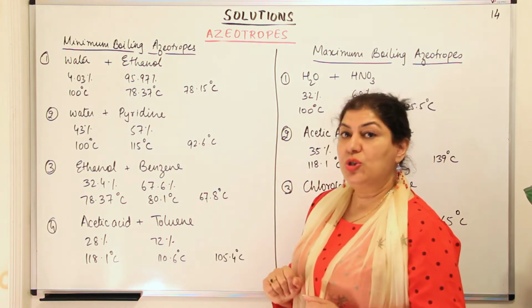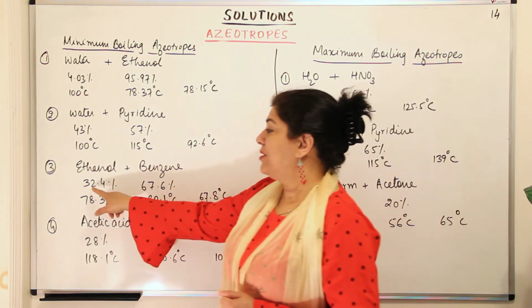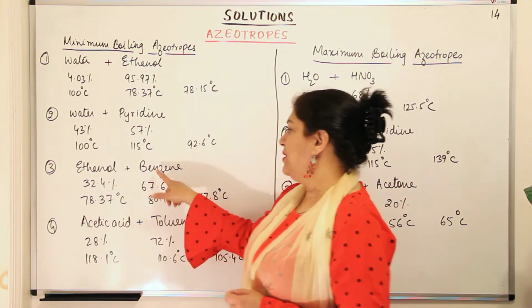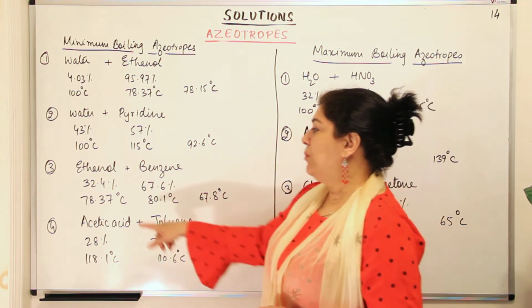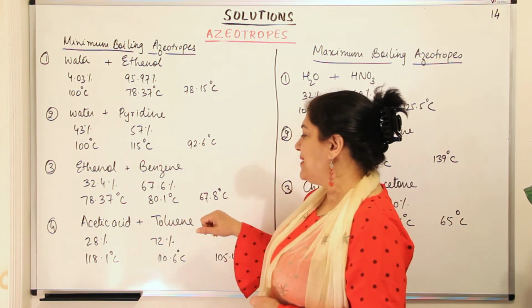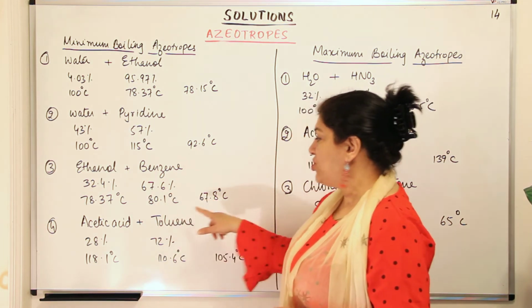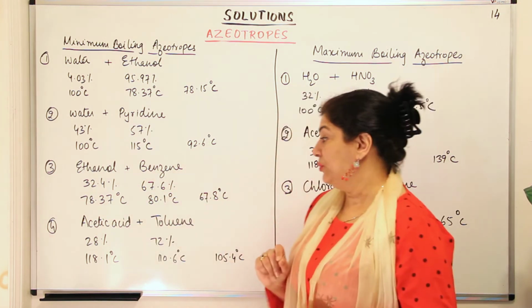Ethanol and benzene also act as azeotropes at what composition? Ethanol is 32.4% and benzene is 67.6%. The boiling point of ethanol is 78.37, benzene is 80.1 degrees Celsius, and the boiling point of the mixture is 67.8, which is lower than both.